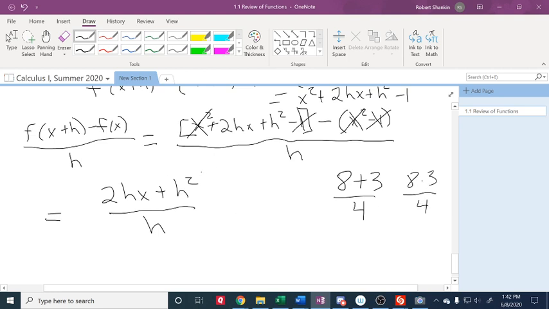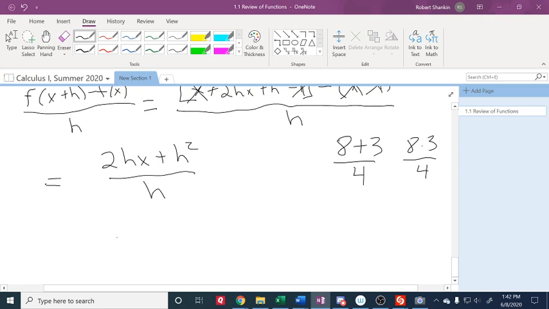What I'm going to do is say what's common to both of these. h is common. What's left over is 2x plus h, divided by h.